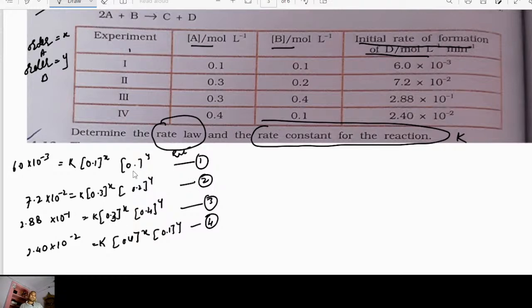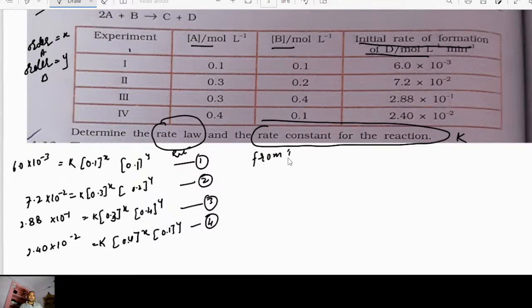So here which ones are divisible? You can see 0.1 is there in equation number 1 and in equation number 4, 0.4 is there for the first concentration and 0.1 is there for the second. So from equations 1 and 4 we can get the value of something, student. I am going with 1 and 4.